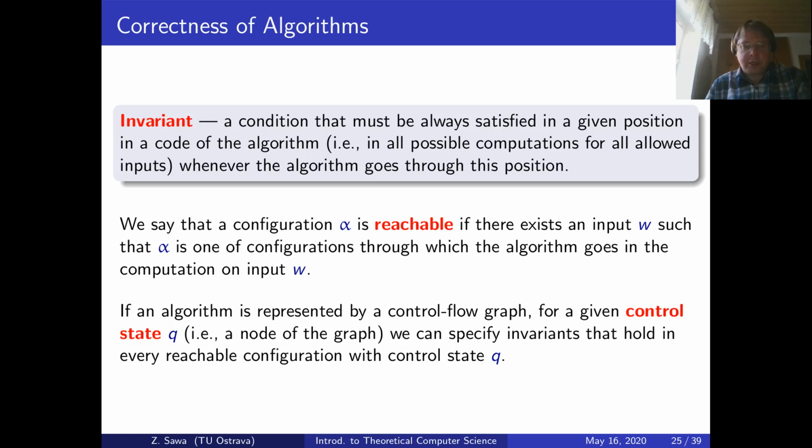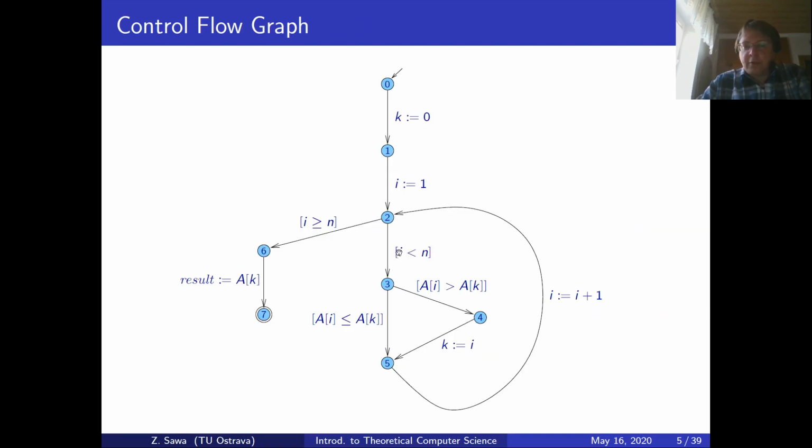If we imagine the representation in the form of a control flow graph, we could imagine some invariant referring, for example, to this state 2, or some other invariant connected with this state 4, and so on.